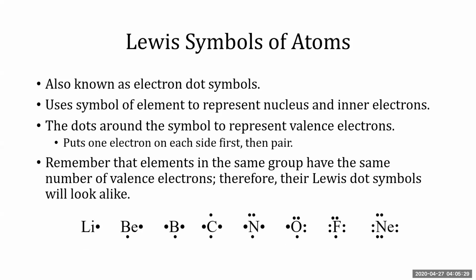The figures shown here are elements in period 2 in main group families from 1A to 8A. Elements in the same family will have the same number of valence electrons.